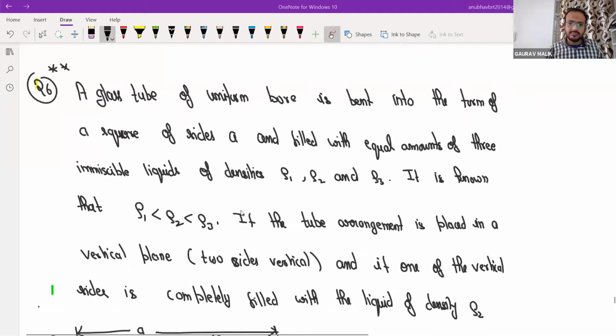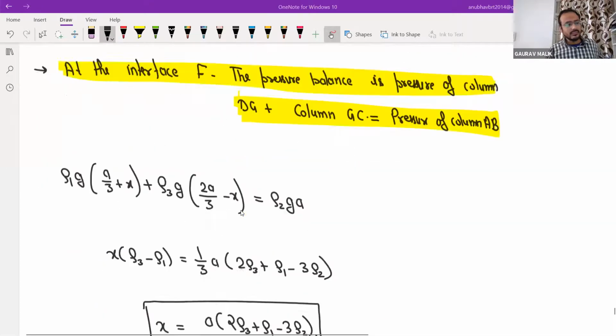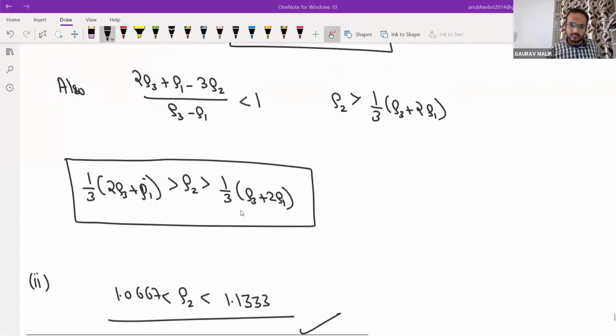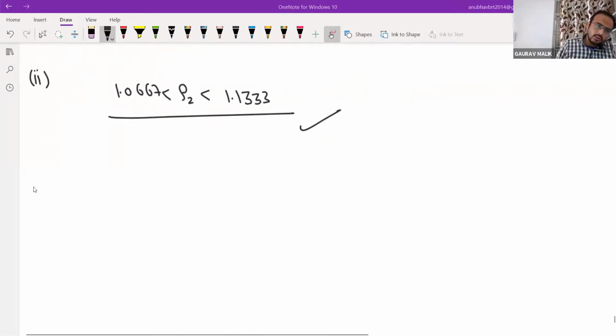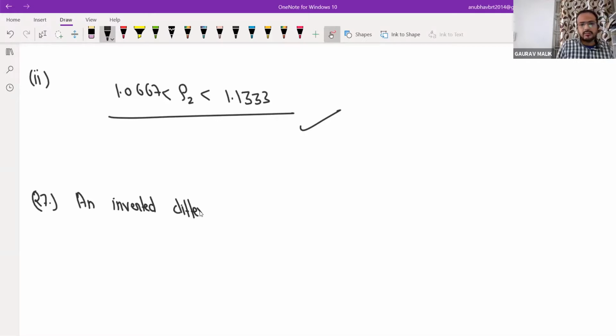Question number 27, a GATE question, exact up to the GATE mark. An inverted differential manometer is shown in the given figure.